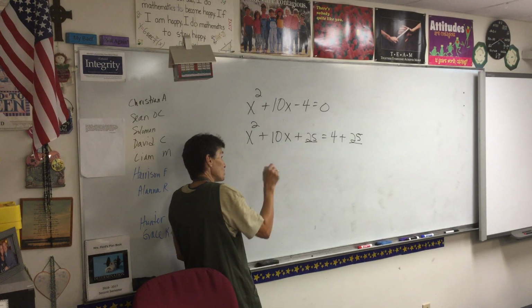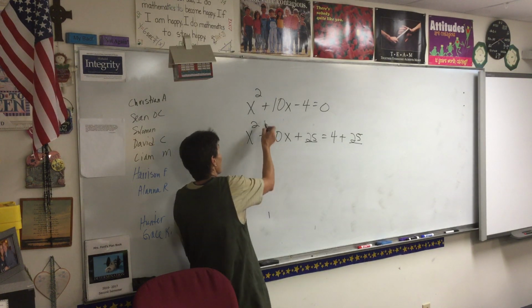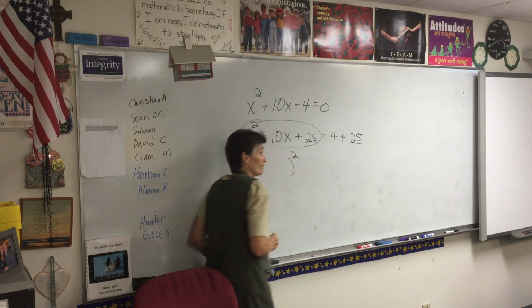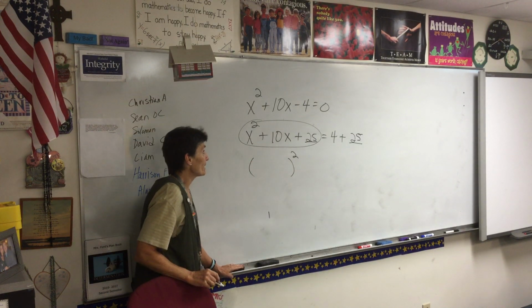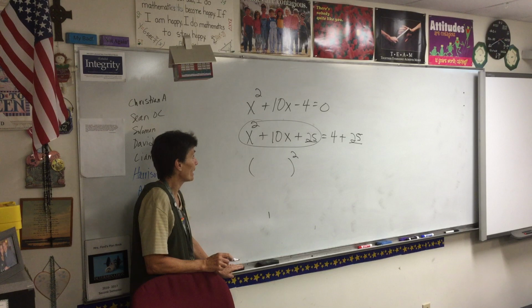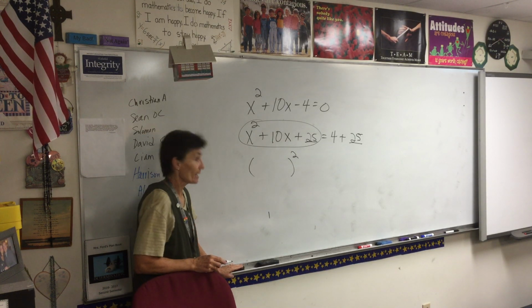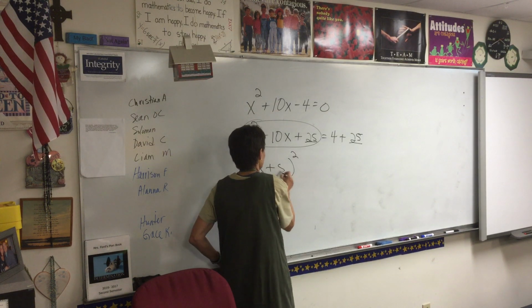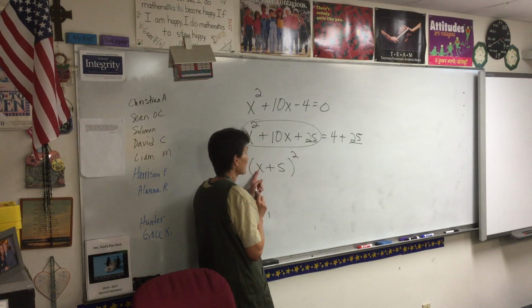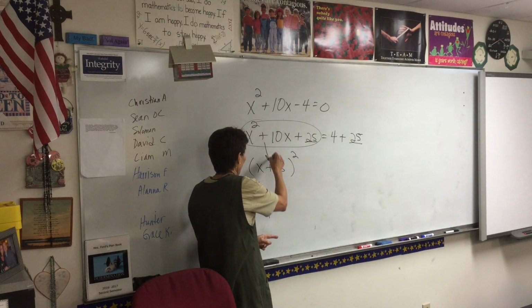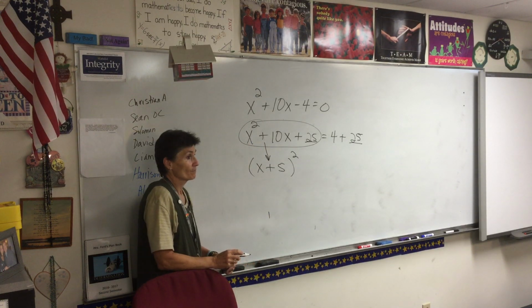Now, this is where we make mistakes sometimes. The very next step is to go to the square. So what quantity squared is x squared plus 10x plus 25? X plus 5, that's exactly right. Remember, obviously it's x, obviously it's 5, and this sign always matches.